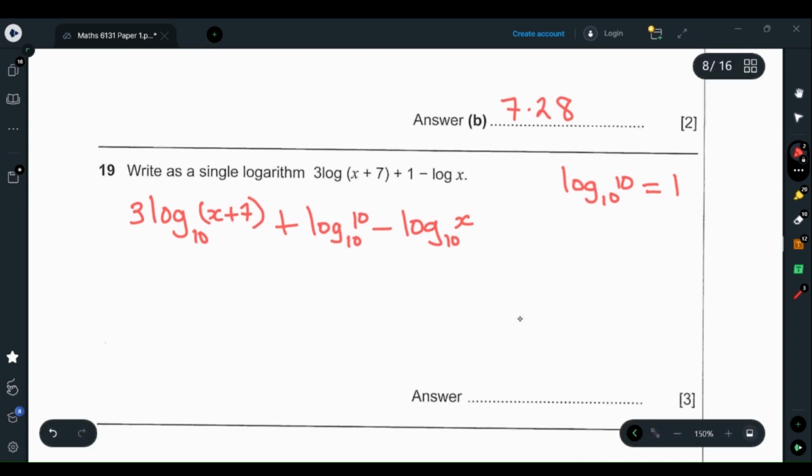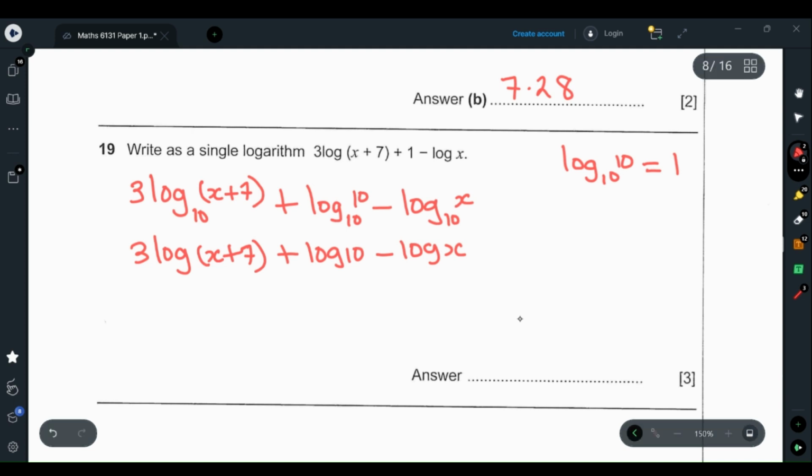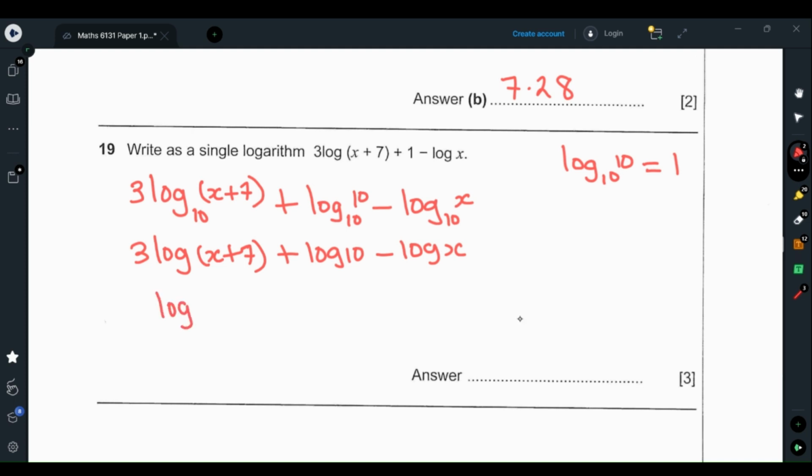Which is the same thing as just saying log x plus 7 plus log 10 minus log x, right? The first term I can write as log of x plus 7 to the power 3, plus log 10 minus log x.